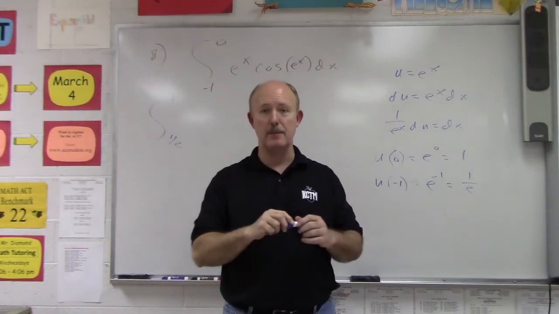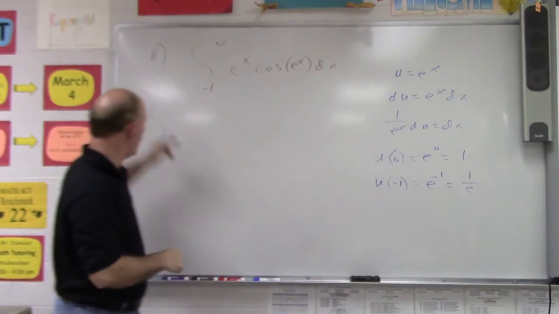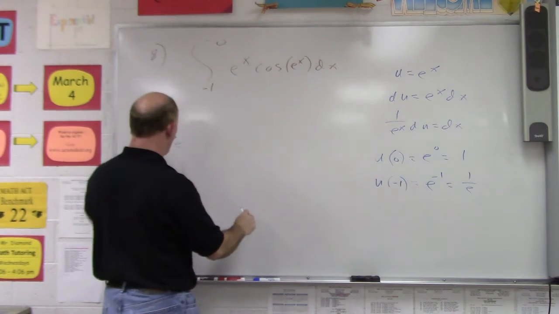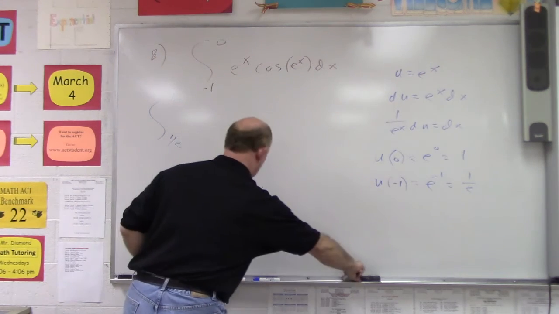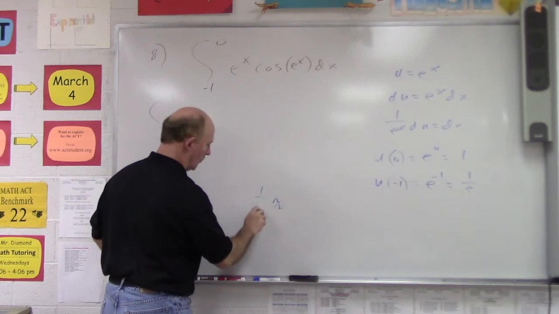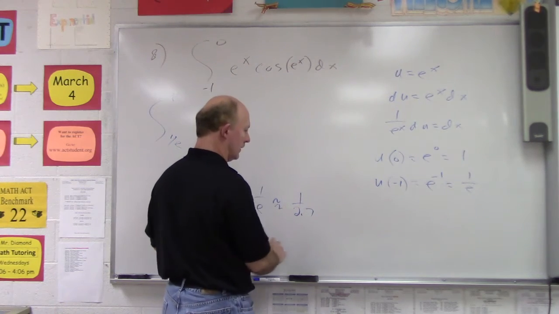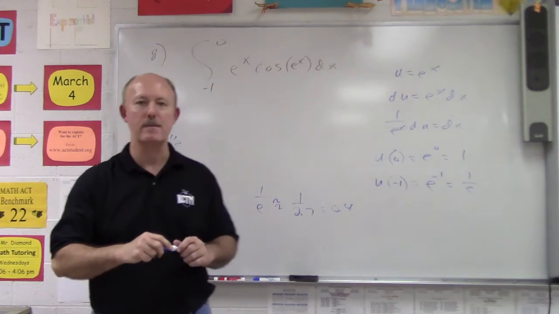Now, gotta think about this now. Do I need to flip those? Is 1 greater than 1 over e? So think about this now. 1 over e is approximately 1 over 2.7, which would be less than 1/2, so it'd be about 0.4.